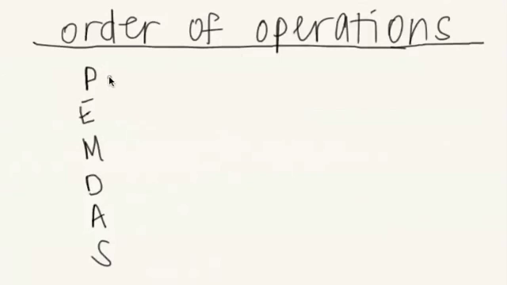Okay? And so if you can remember, the P is going to be for parentheses. Our E is going to be for exponents.